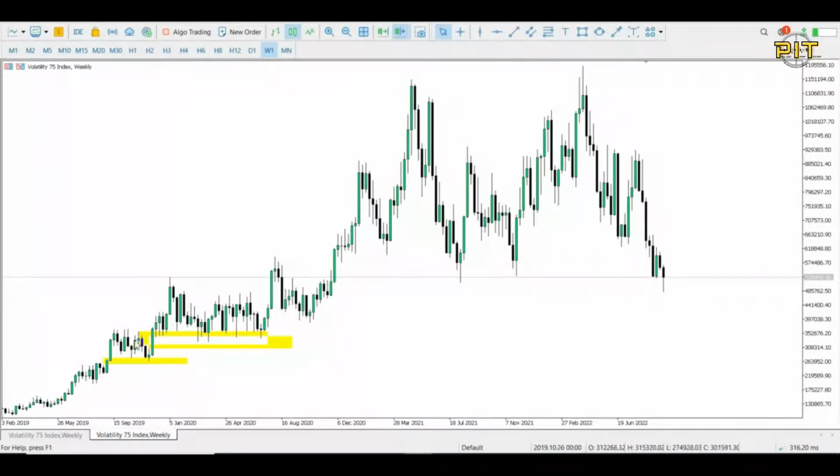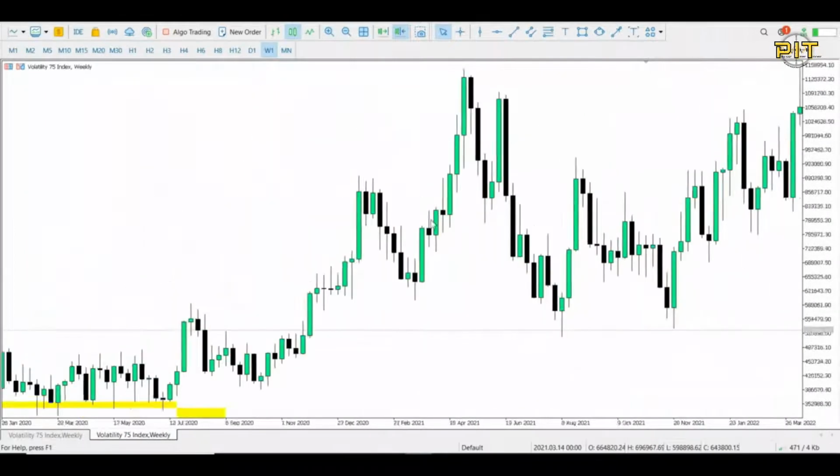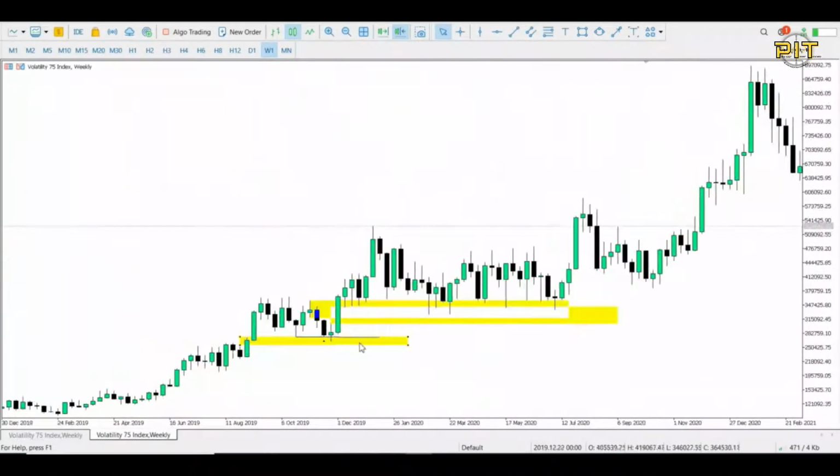So we can see here, this candle grabbed this liquidity here. You can see it cleared the equal lows here, and then price moved to the upside.